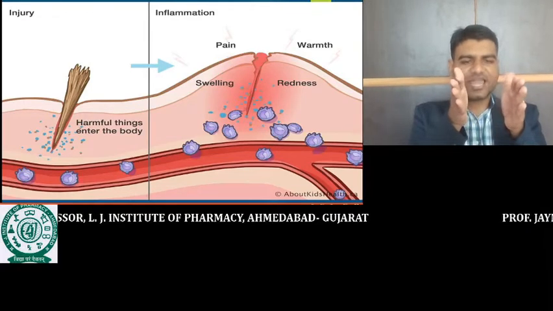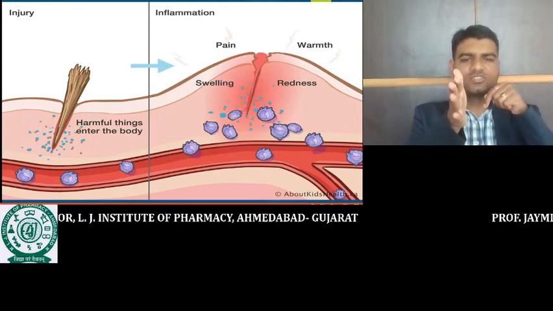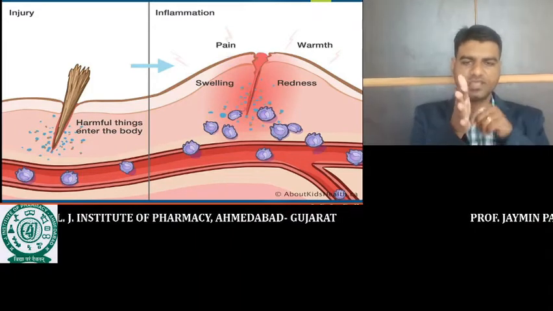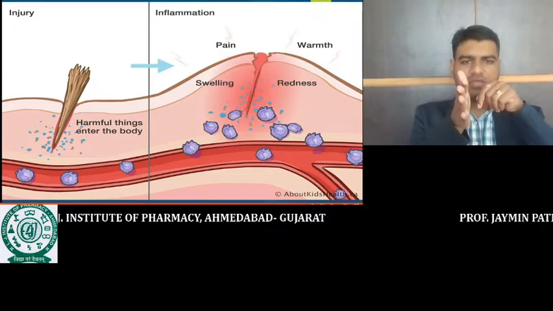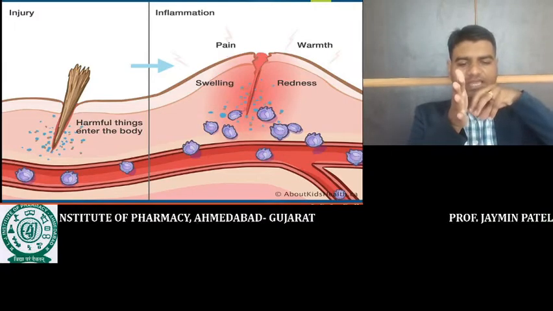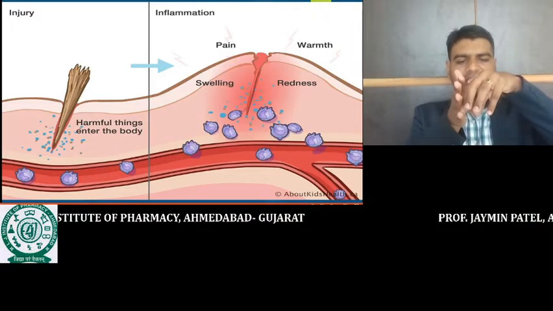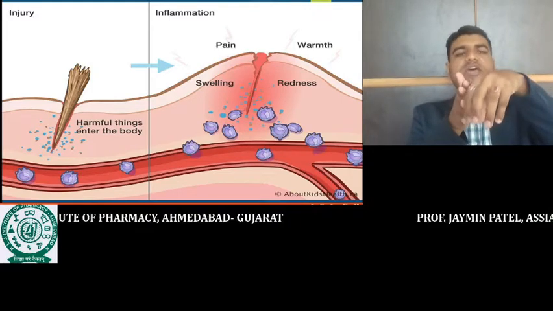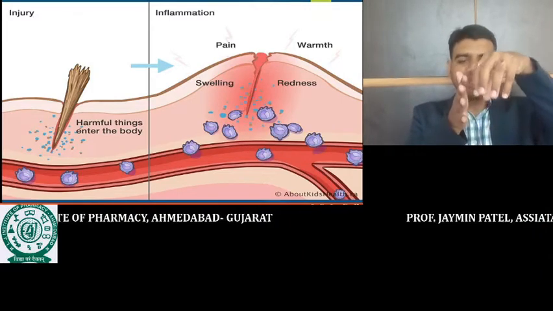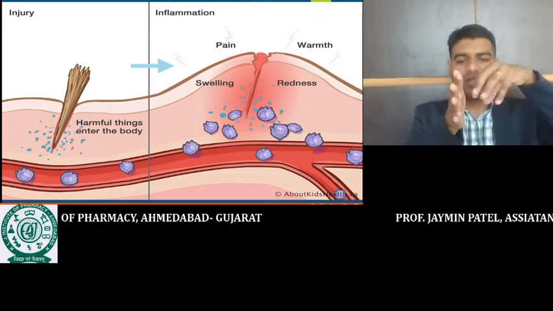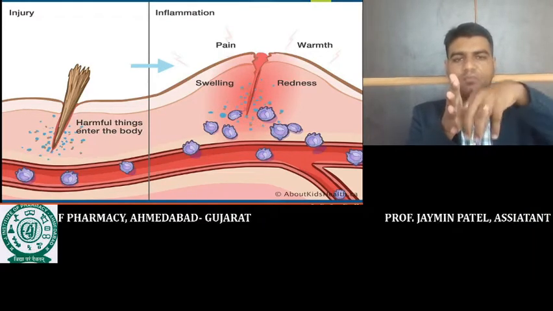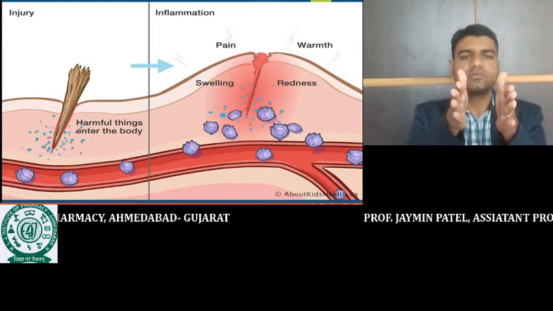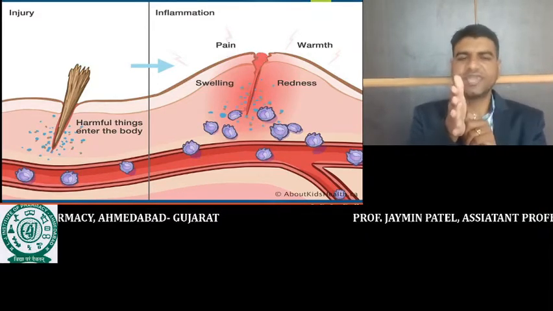When the vessels are dilated, a large quantity of fluid and blood is passed to that particular part. That's why redness occurs in that area: a large quantity of blood is supplied to that portion. So that is the first sign.